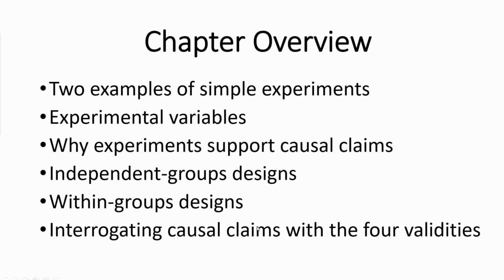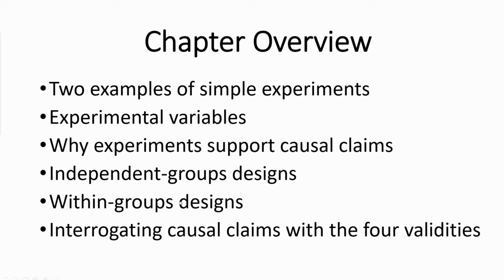So for our overview, we're going to start by talking about 2 examples of experiments because these examples will then help us illustrate some of the points we want to make throughout the chapter. We can talk about our experimental variables and some of the terms that go along with it, why we can actually use experiments to support causal claims, whereas we haven't really been able to do that before now.